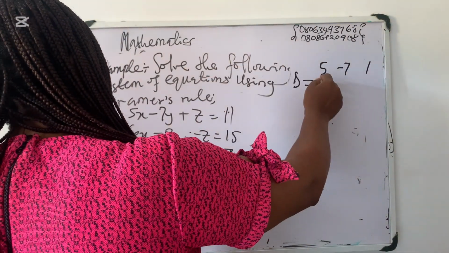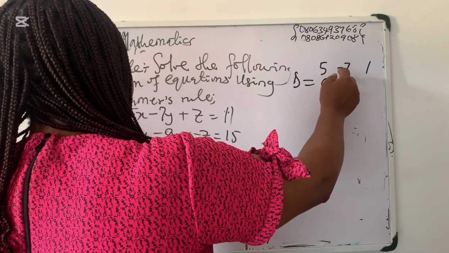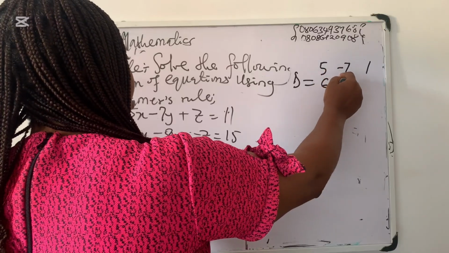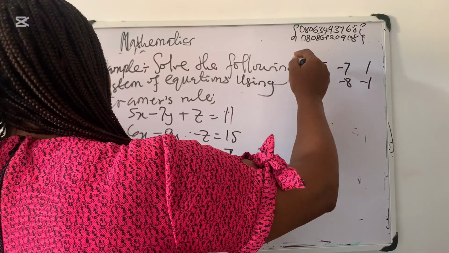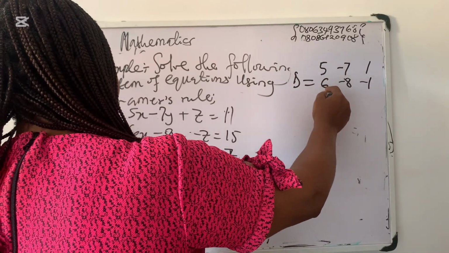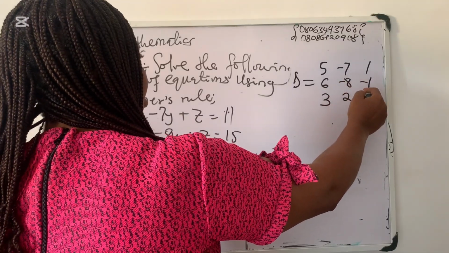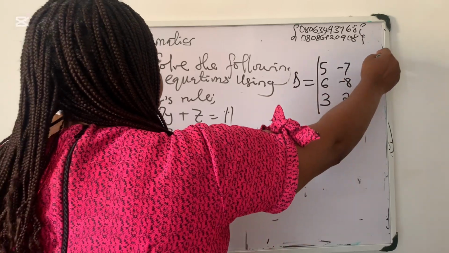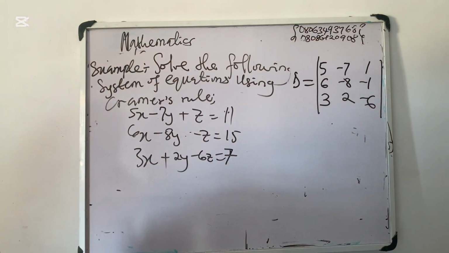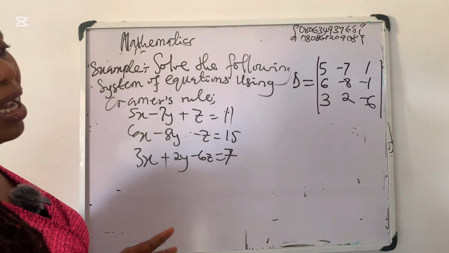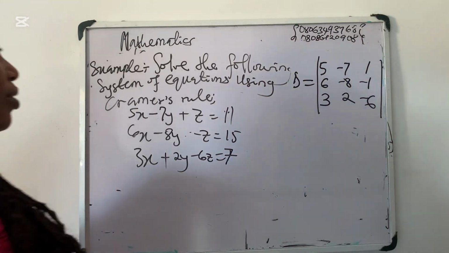Then A2 is 6. B2 is minus 8. C2 is minus 1. A3 is 3. B3 is 2. C3 is minus 6. We have to find the determinant, the D, first. When we are done with that, we get for X, Y, and Z. From there, we divide and get the final answer.